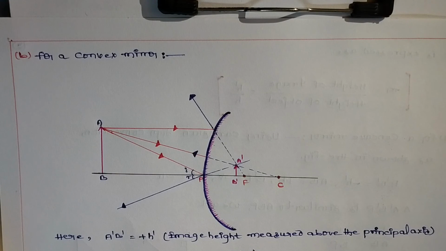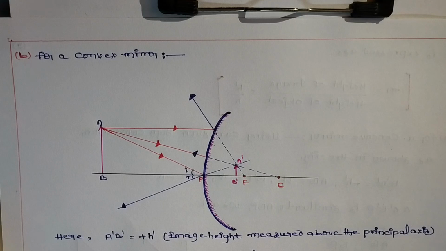In this case, the size of the image is equal to the size of the object. Only when magnification is +1 for a plane mirror, the size of the image is equal to the size of the object.